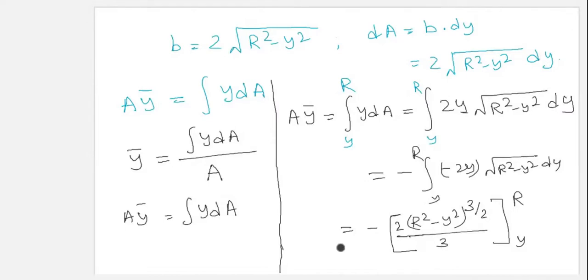Now if you put these limits, what will be the final part? This r, if you put as y, that will become 0, and in that case the minus will be consumed up.